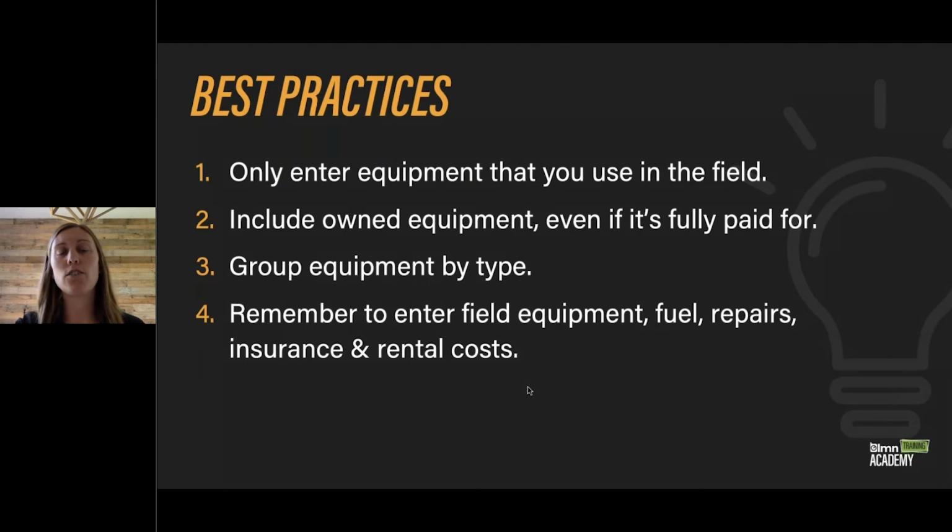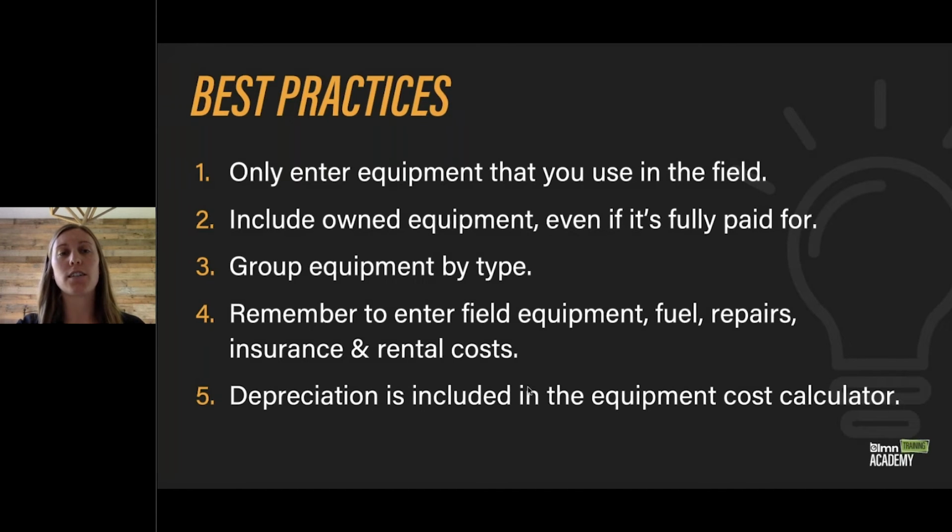And remember to enter your field equipment, fuel, repairs, insurance, and rental costs. Those will be at the top of your equipment budget. They're easy to miss. Don't miss them. We need to make sure we're recovering those costs for your field equipment. And last but not least, depreciation is included in the equipment cost calculator, so no need to include it in the actual purchase price.